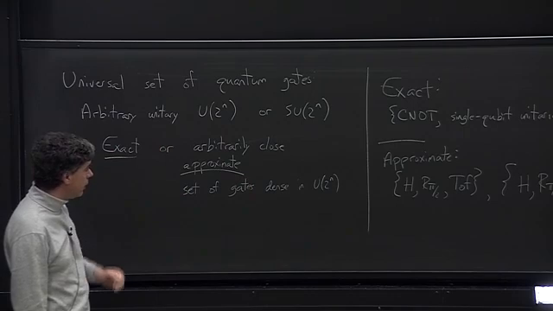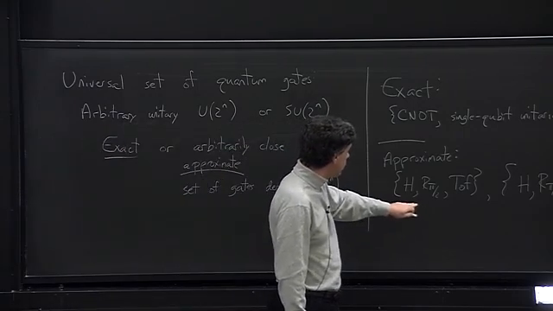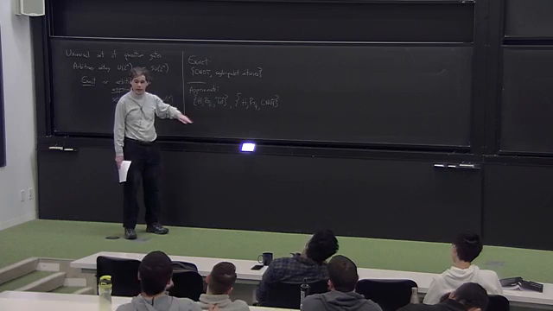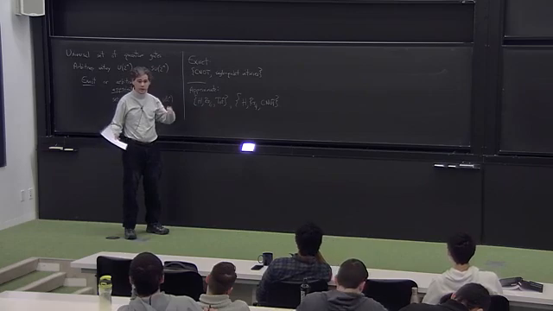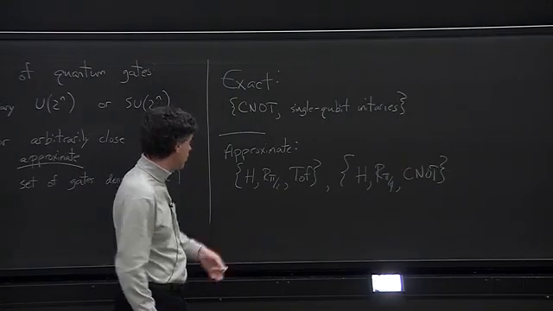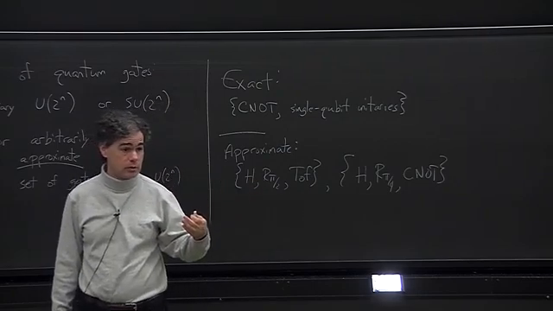I guess one thing that I won't really have time to go into, but is worth mentioning, is that when you're dealing with approximate universality, there's another kind of scaling factor you have to worry about. When you're dealing with exact universality, the only question is how many qubits do you have, and how many gates does it take to make something of that size. But with approximate universality, you want to get within epsilon, right?